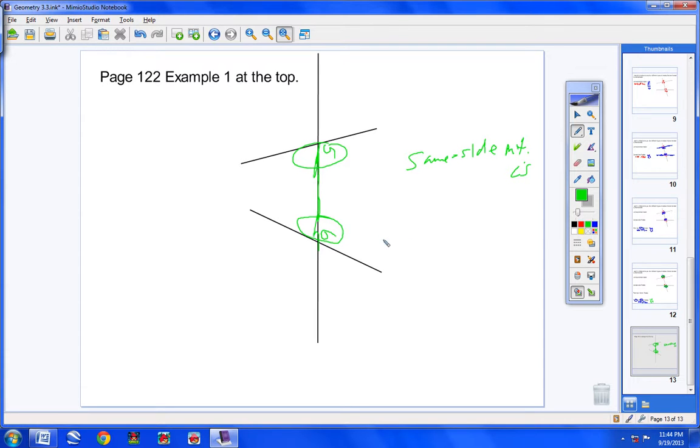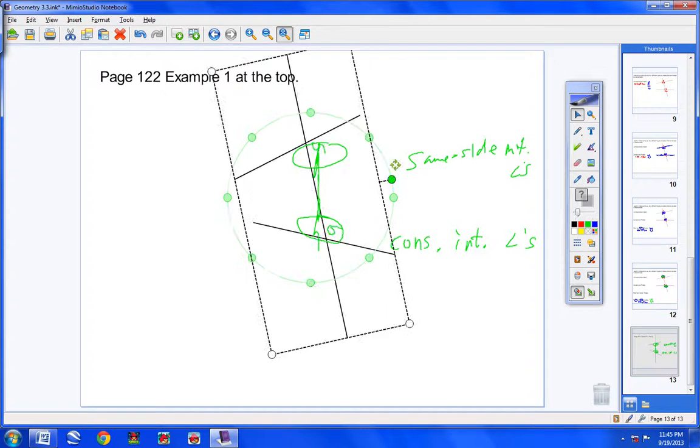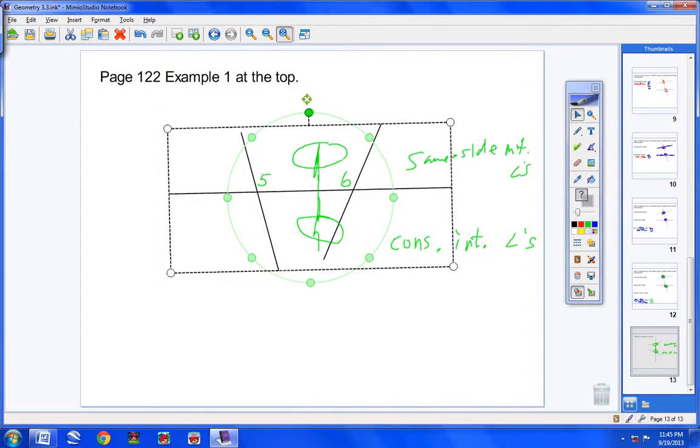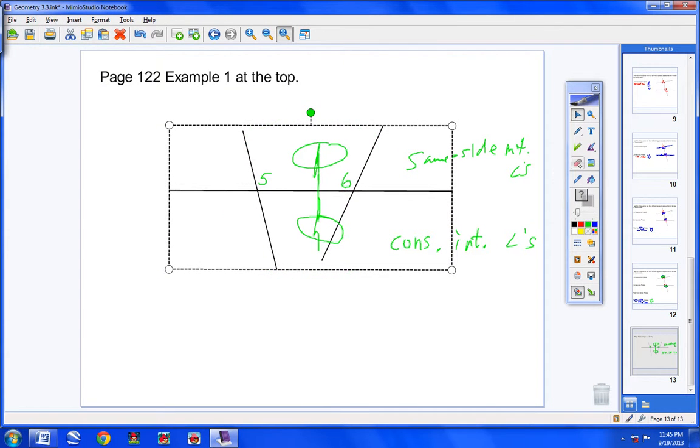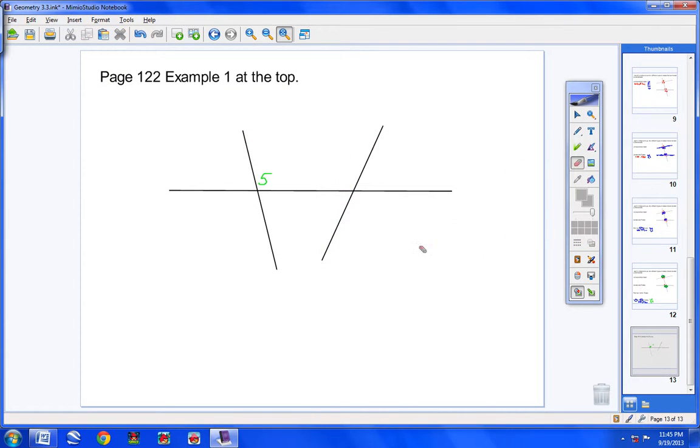The more proper phrase that most math books will use will be consecutive interior angles. Okay, now a lot of you don't need to turn it, and that's fine. If you don't need to turn it, let me go like this and get some of that green stuff out of there. There we go.